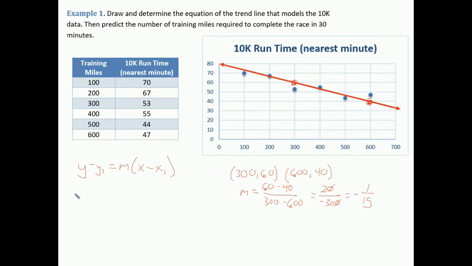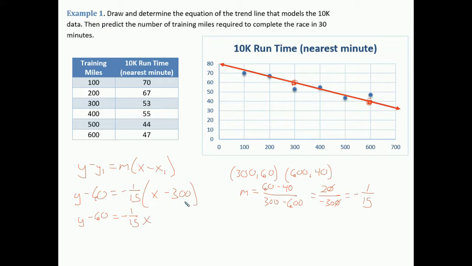So now we have y minus, and we can use either one of these points. Let's just use our first one here, y minus 60, our y value, equals the slope, which we just found was negative 1/15, x minus 300. We'll distribute, so we get y minus 60 equals negative 1/15 x.